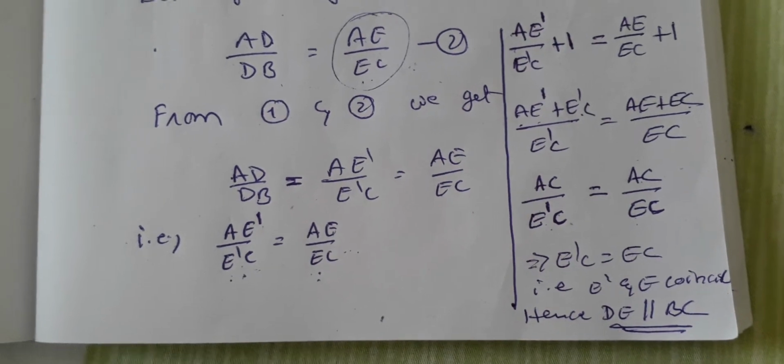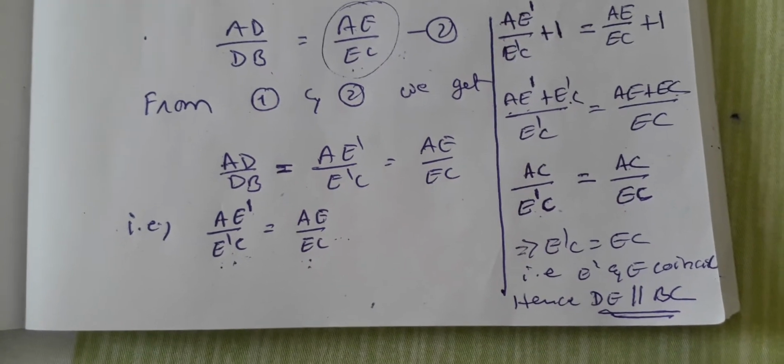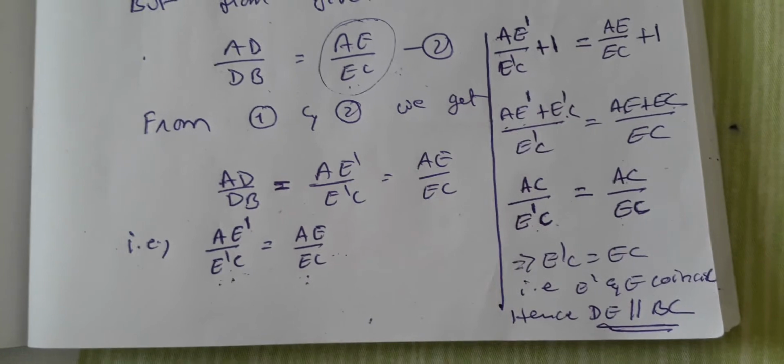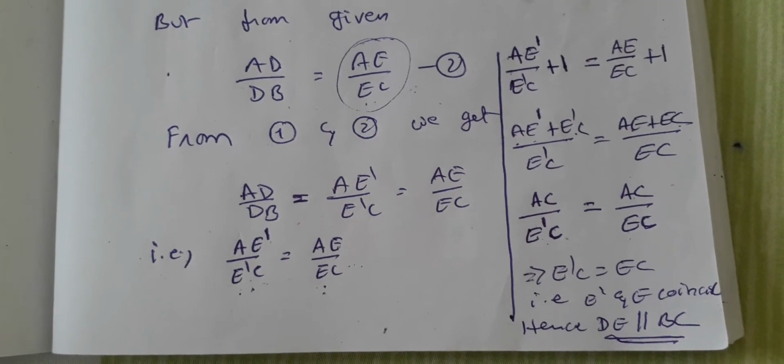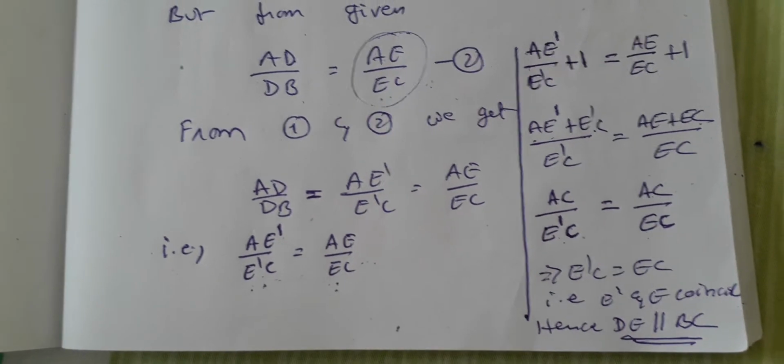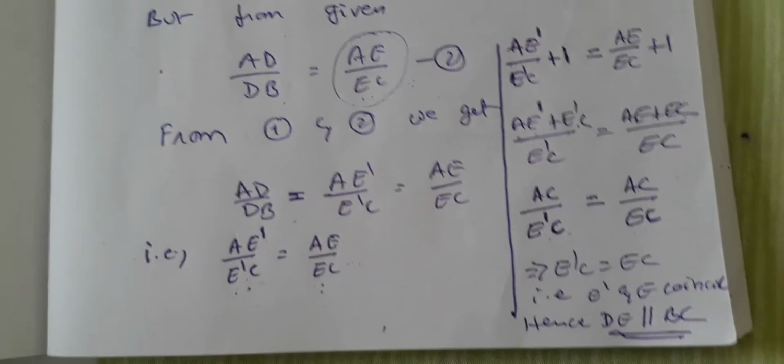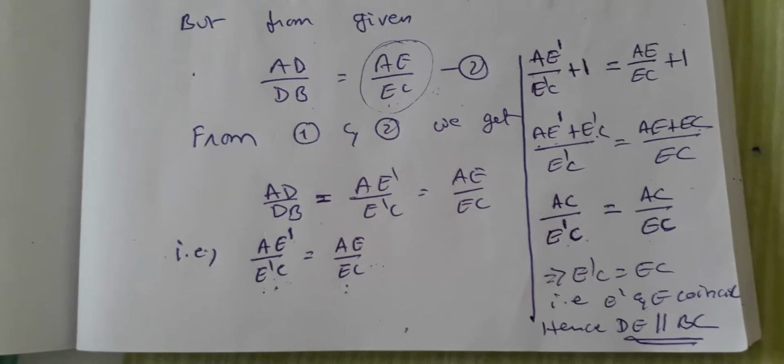This is the meaning of the converse of the basic proportionality theorem. Or rather, you can understand it as: if it is parallel, it divides equally. If dividing equally, then it means parallel. So vice versa is possible.